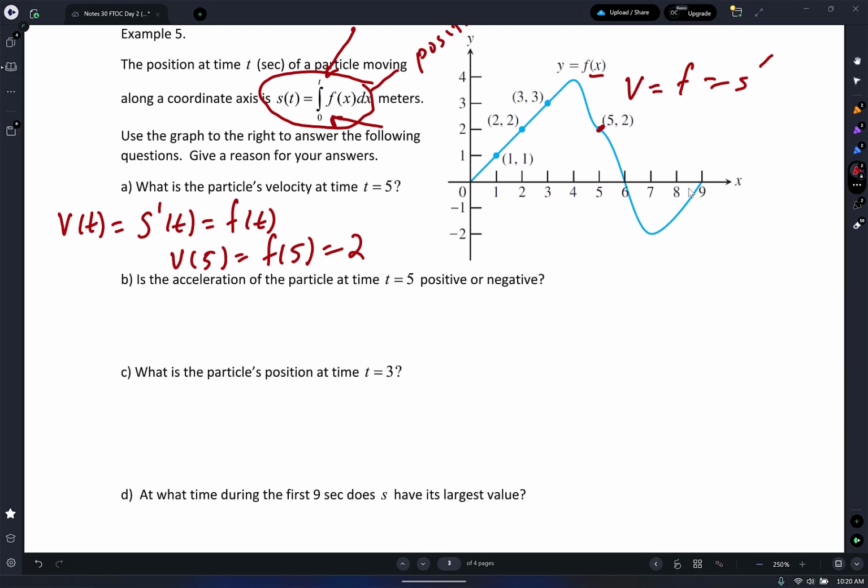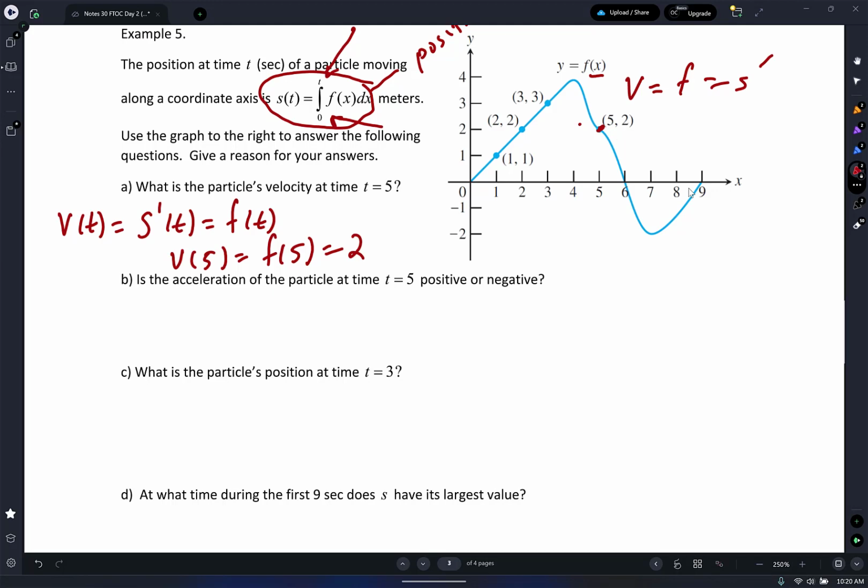Letter B. Is the acceleration of the particle at time t equals 5 positive or negative? How do I get acceleration from velocity? Derivative. Is the derivative of velocity, this is my velocity graph, at 5 positive or negative? Negative, yeah, why? Because it's going down. You could also say because if you draw a tangent line, that tangent line has a negative slope. All is good.